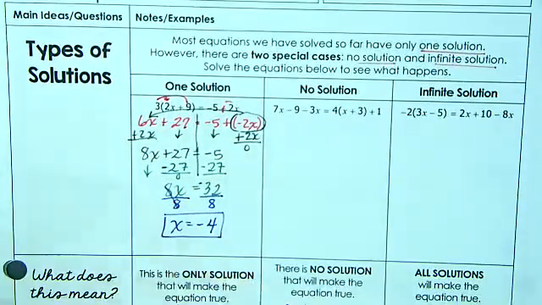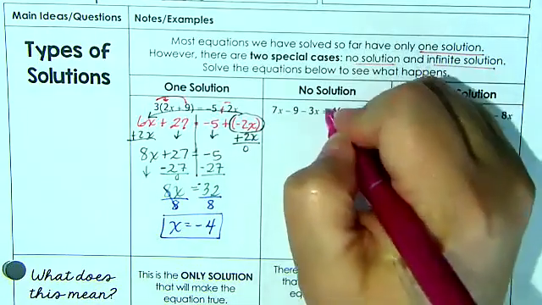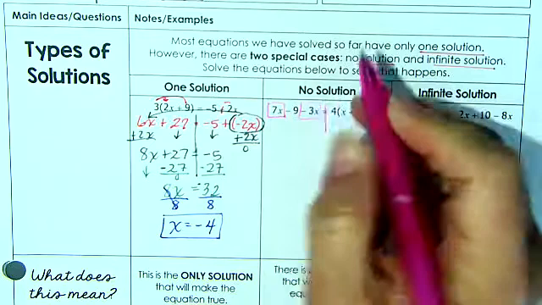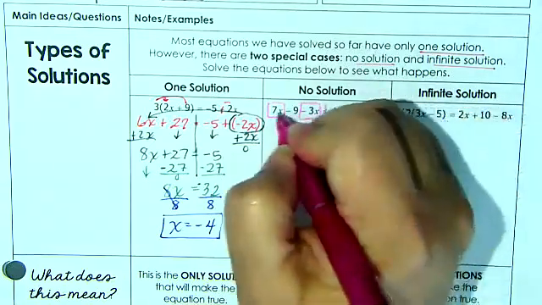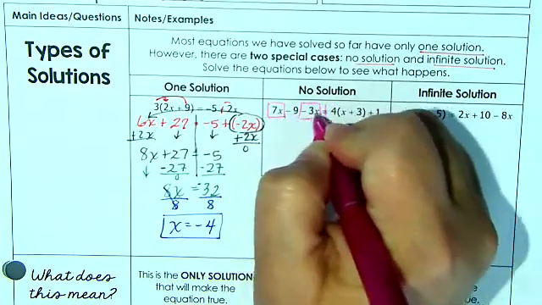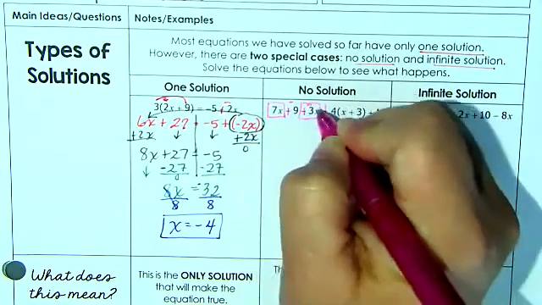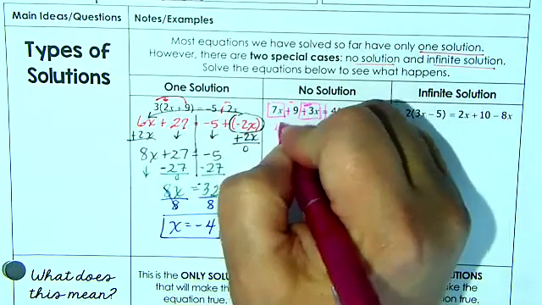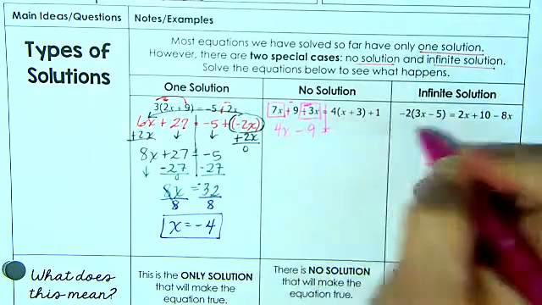Now we're going to get into our special cases. Same thing, we just simplify each half. We're going to simplify each half first. So I'm looking over here and I've got to combine my like terms. Remember, this is a negative. So this is going to become 7x minus 3x, or 7x plus negative 3x if we change these all to plus a negative. So that's going to give me 4x minus 9, or 4x plus negative 9.